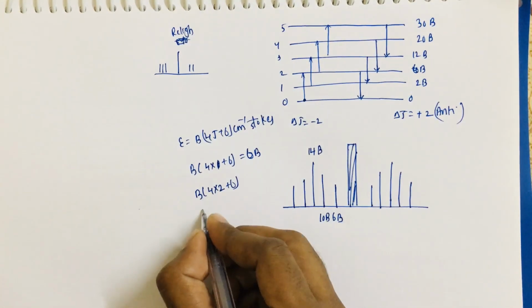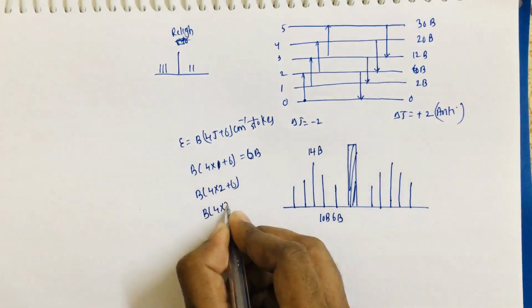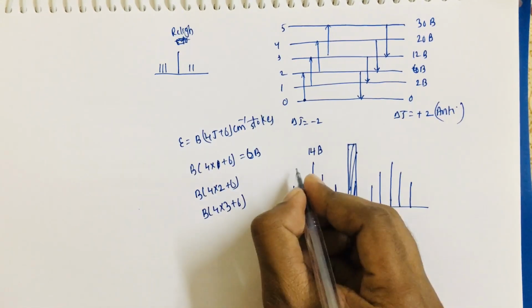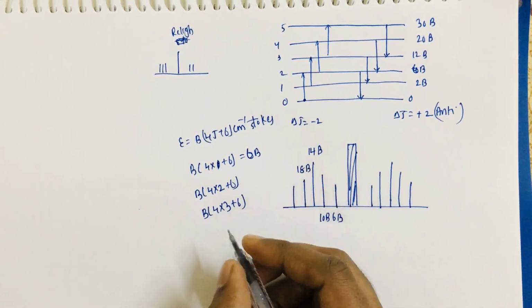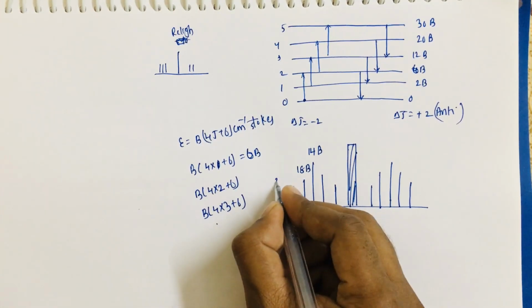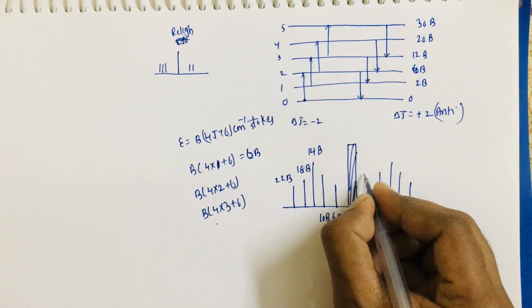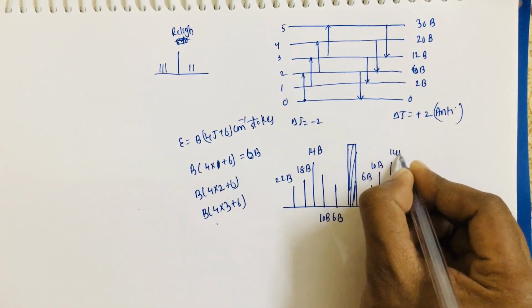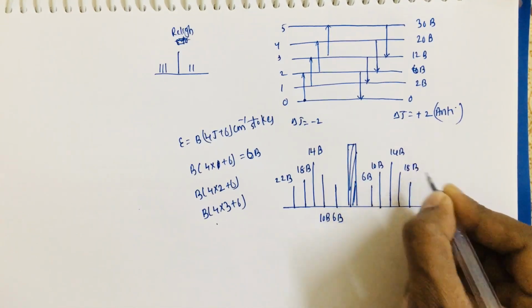And next we have 4 into 3 plus 6. 4 threes are 12, 12 plus 6, 18B. The next one will be 4 fours are 16, 16 plus 6, 22B. And the same energy levels come here, 18B and 22B.